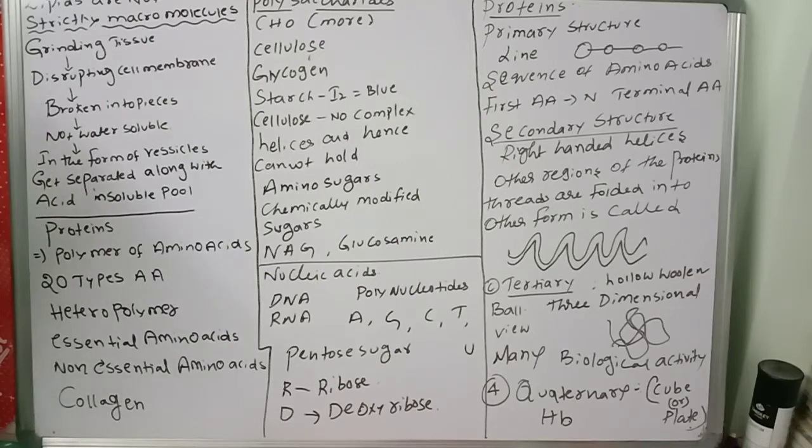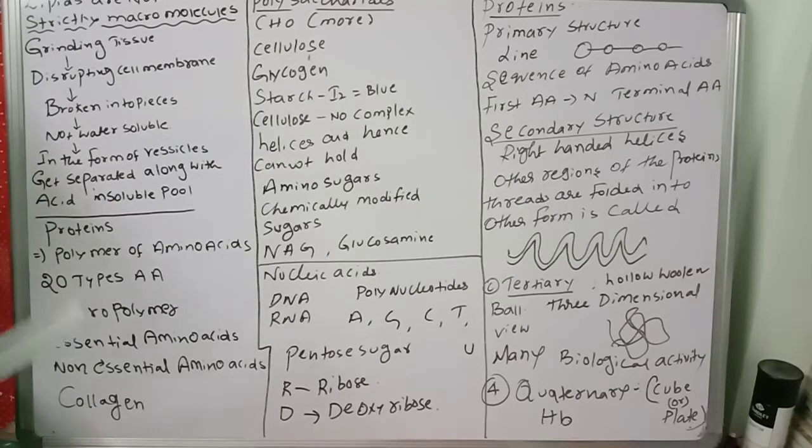So how do we analyze the composition of living tissue? For example, take one liver piece and grind it in trichloroacetic acid and filter it using cheesecloth or cotton. Then we will see an acid-insoluble fraction and an acid-soluble fraction.